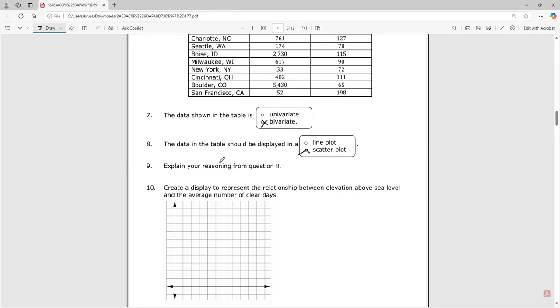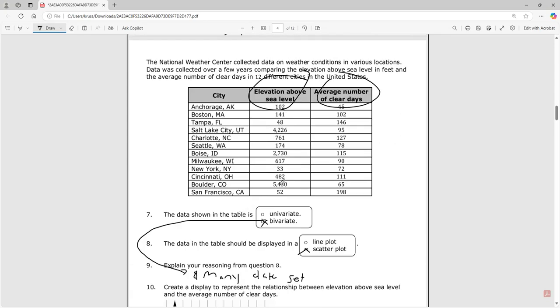Because it's bivariate and it has many data set numbers. Okay, and then we're supposed to create this.